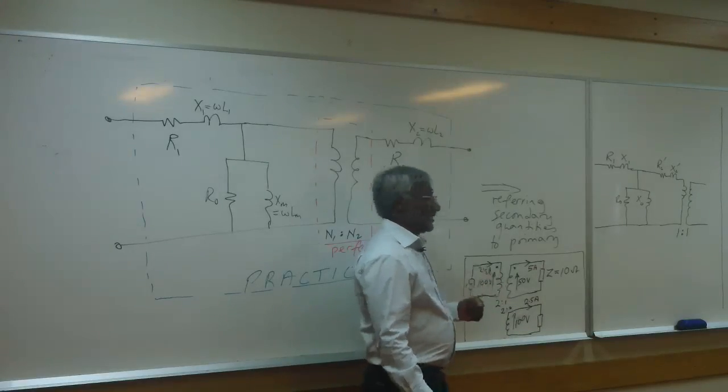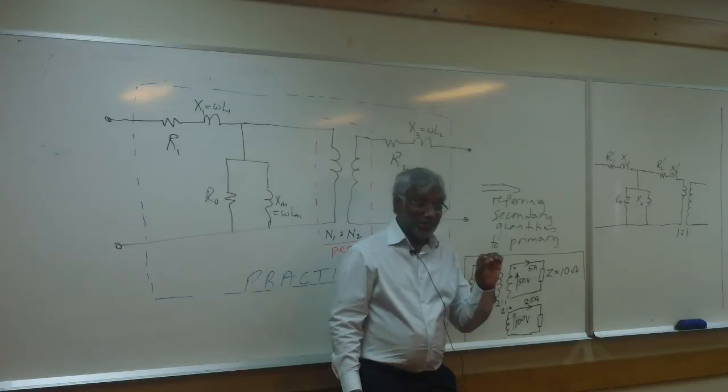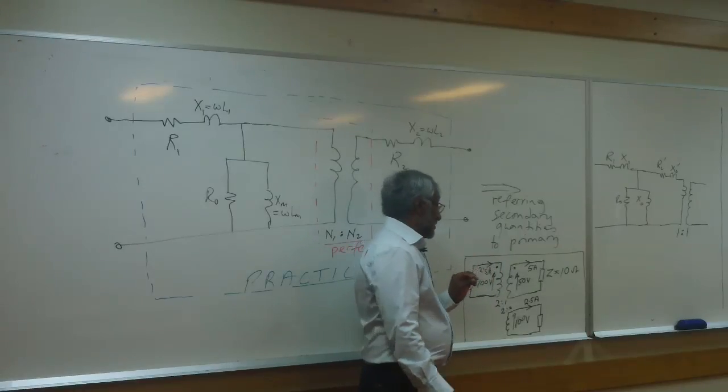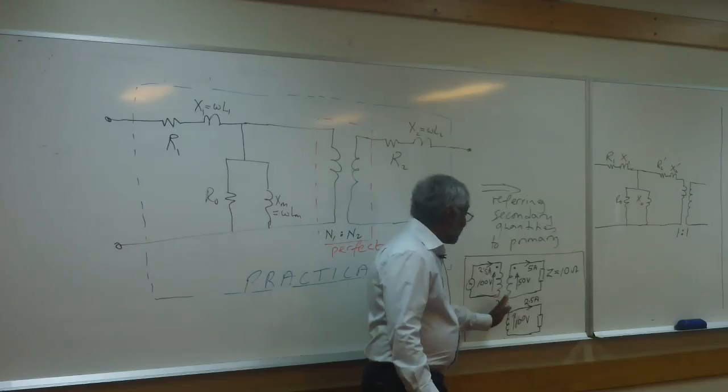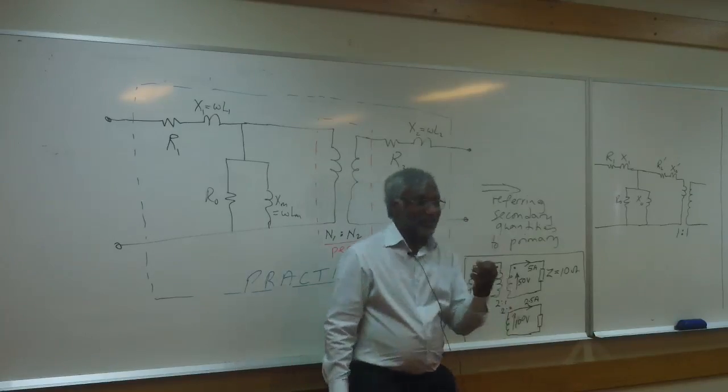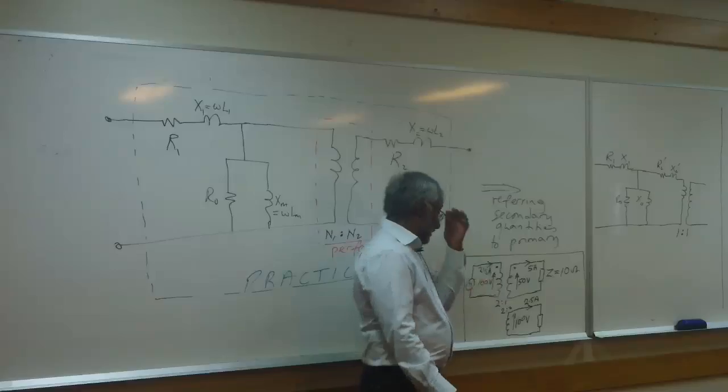And one of those possibilities, the one that we are interested in, is when the number of turns are the same. That's the one that is best for us. And I will tell you why soon.